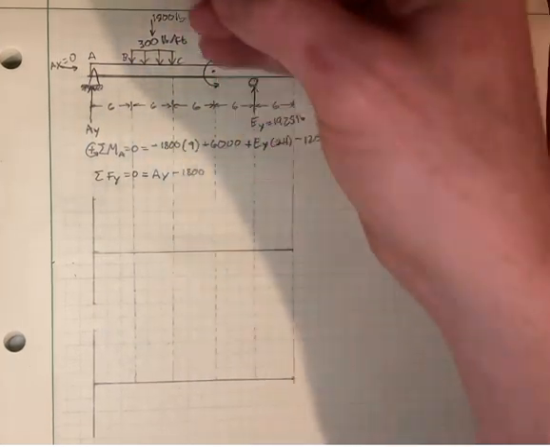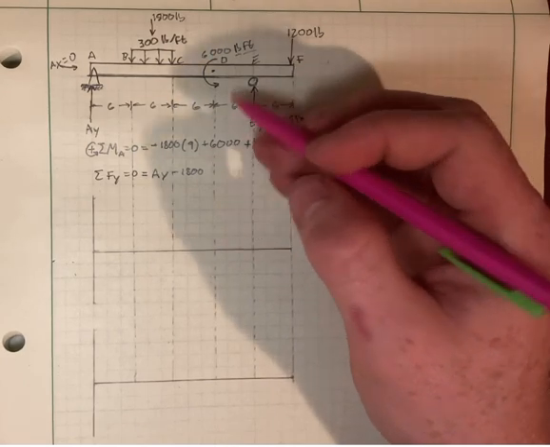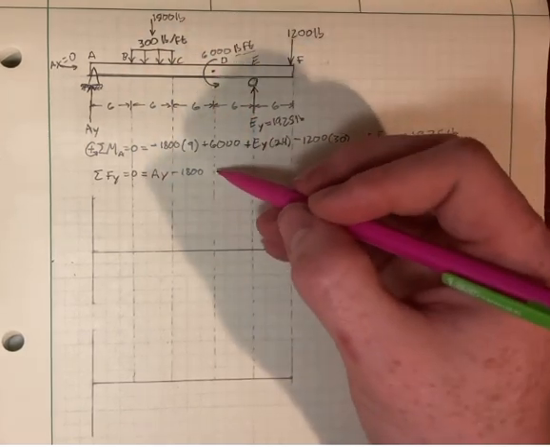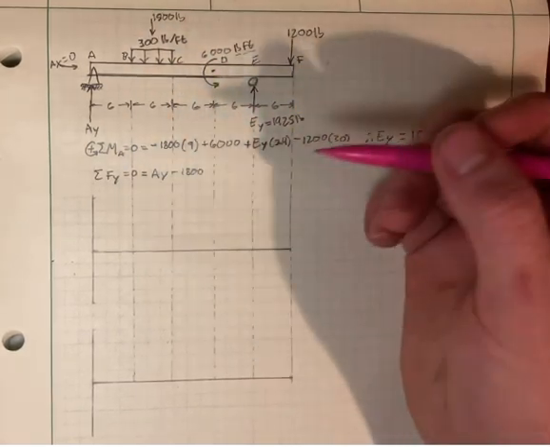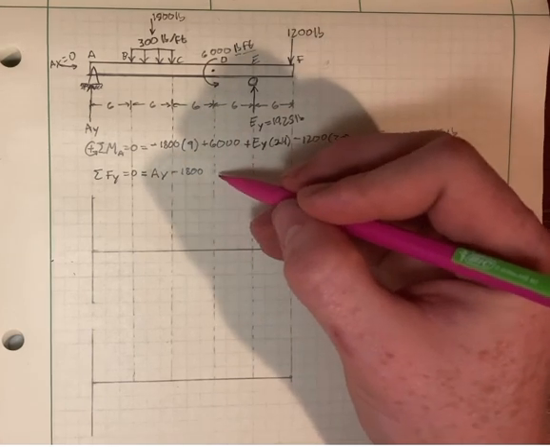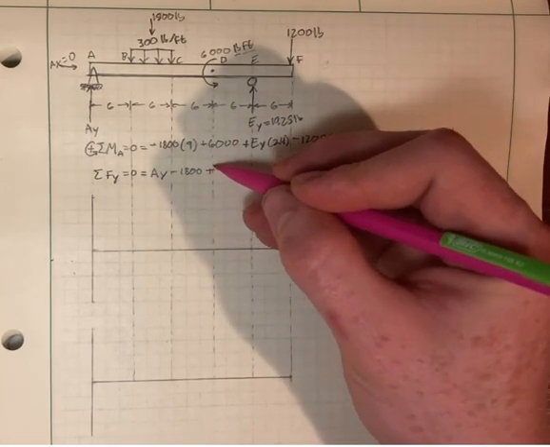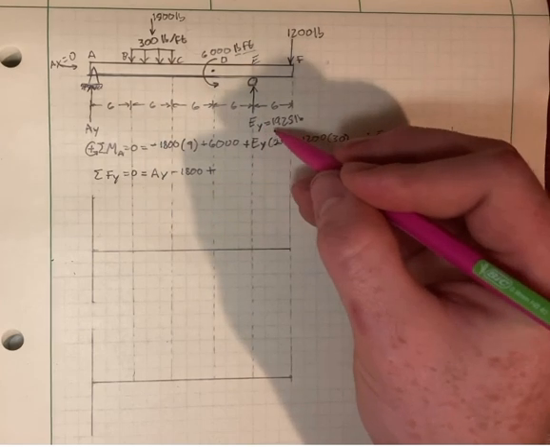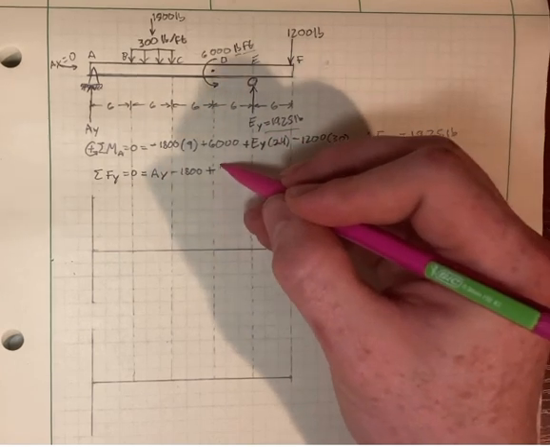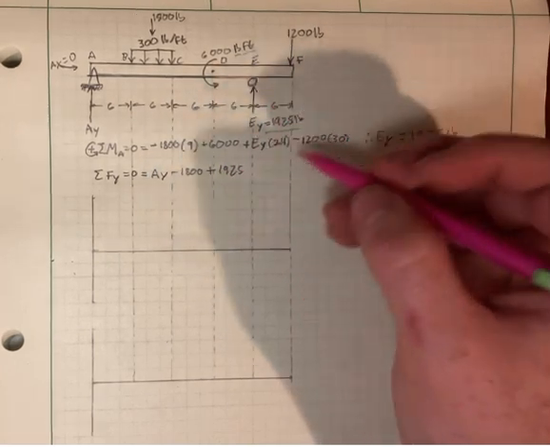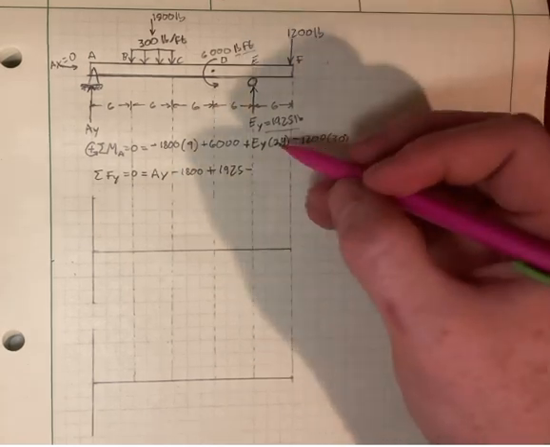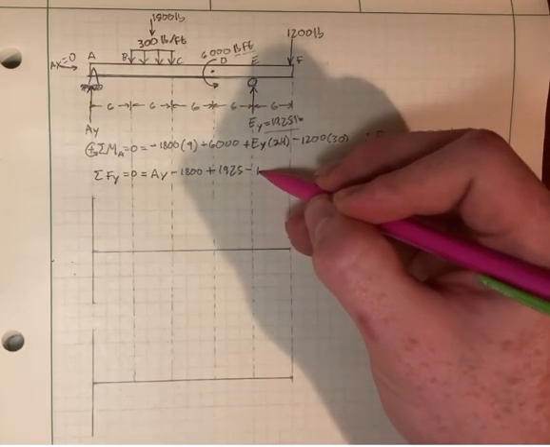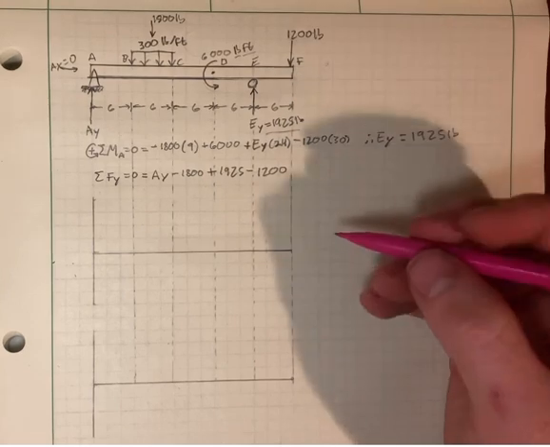So there's our negative 1800 going down. Moment is not a force, right? Like in the y direction, so we don't got to worry about it. And then plus EY, which was 1925. It's going up, and then minus the downward force, 1200 pounds.